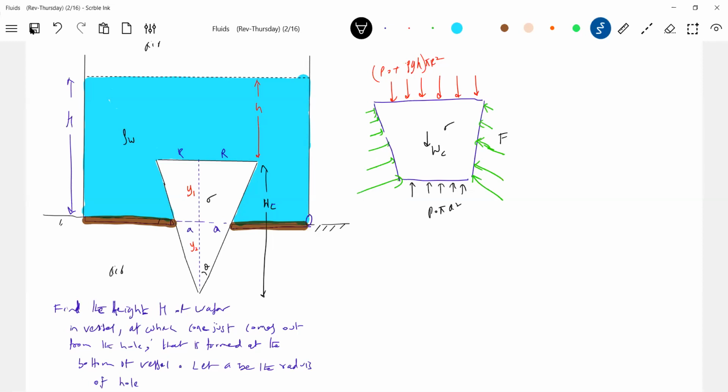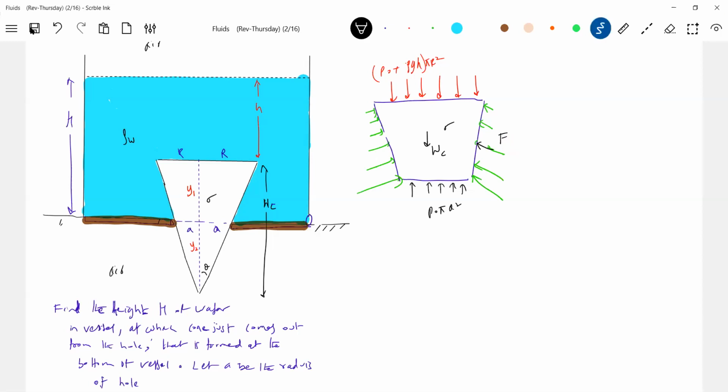Now find the height h at which it will lose contact. So for that, what is the condition? The resultant of the force exerted by the liquid will be vertically up. That force has to be calculated. For the force exerted by the liquid, its y component has to be taken.